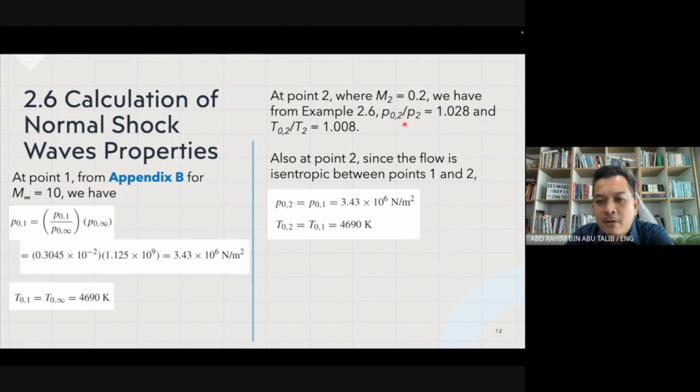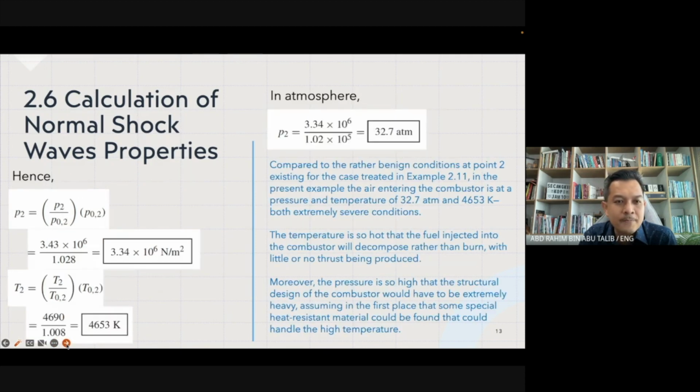So we have the corresponding pressure ratio and temperature ratio. Also at point 2, since the flow is isentropic between point 1 and 2, you can also get the value of P02, which is equal to P01, and T02 equal to T01. So we have the same values over there.